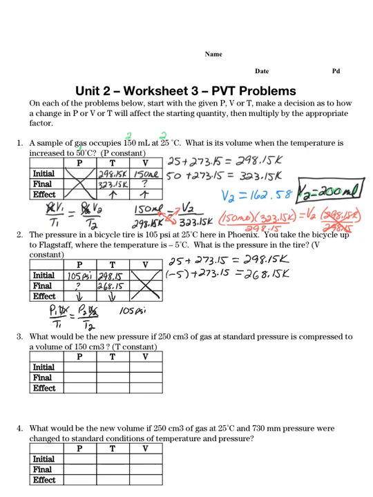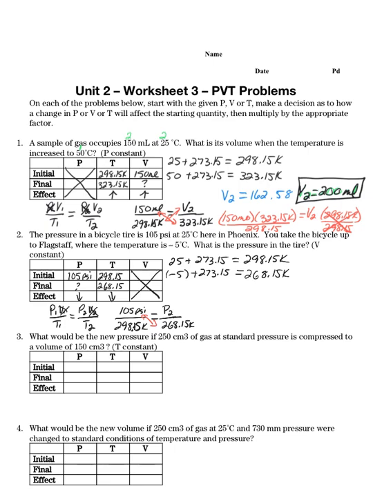That's staying the same. That's going to be over my temperature initially, which was 298.15 degrees Kelvin. And my pressure I'm going to be solving for, and my final temperature is 268.15 Kelvin. All right, as always, I'm going to cross multiply to solve this problem.